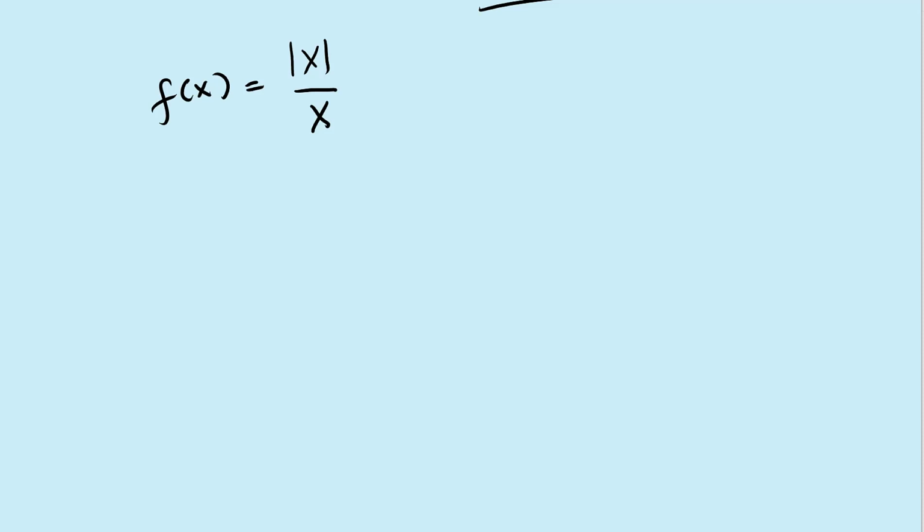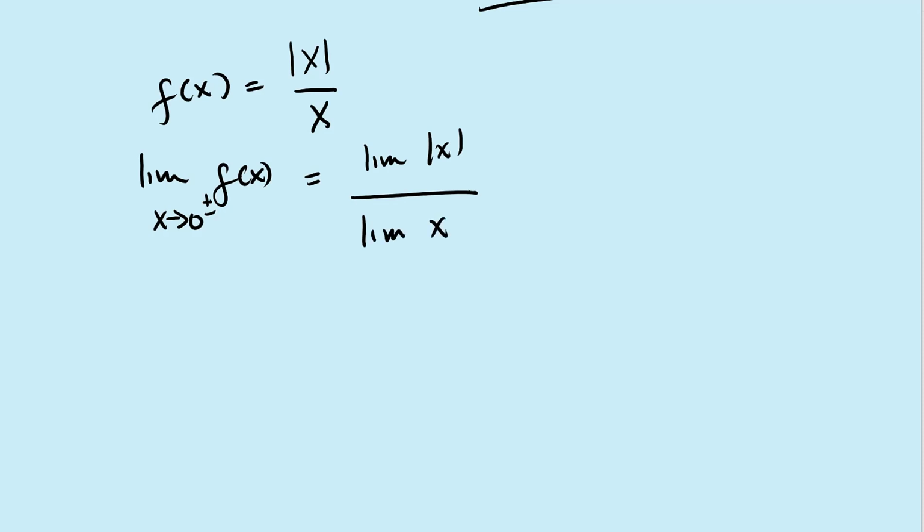Now, if we take the limit of f of x as x goes to 0, both plus and minus, maybe we can just look at the limit of the absolute value of x divided by the limit of x as x goes to 0, right? We know what the limit is here, and we know this limit too.